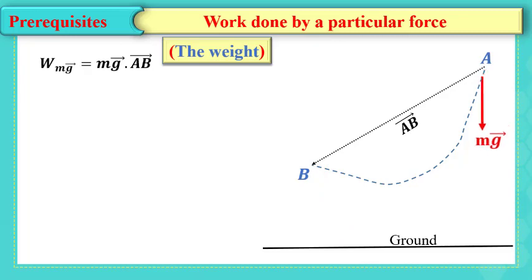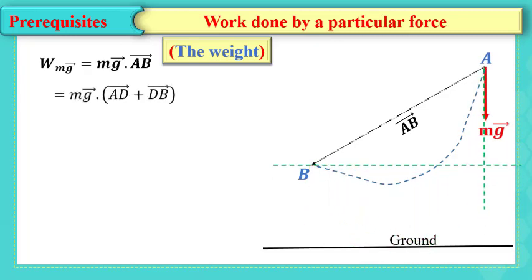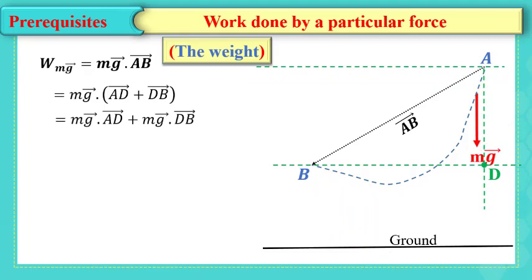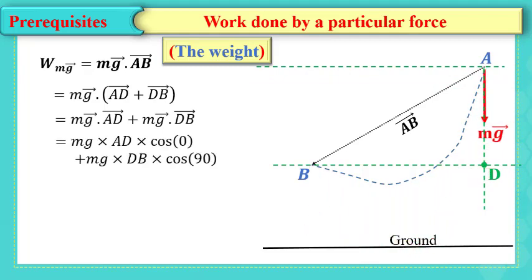But AB is curvilinear, and since work is independent of the path followed, let's choose AB as AD plus DB. Expanding this product, we find that it is mg.AD plus mg.DB, which means mg AD cosine 0 plus mg DB cosine 90.